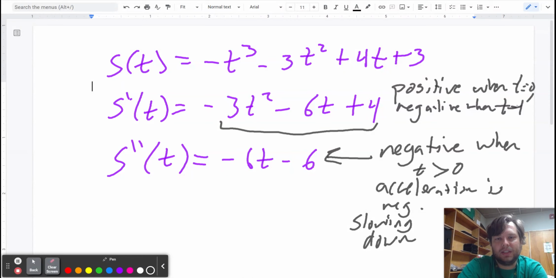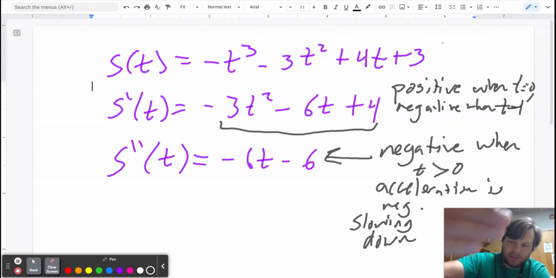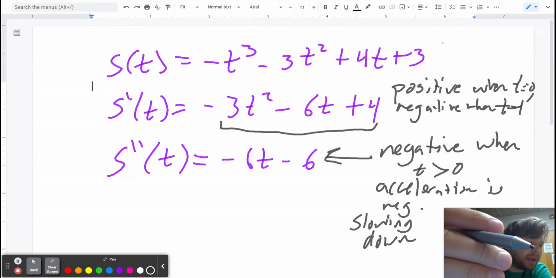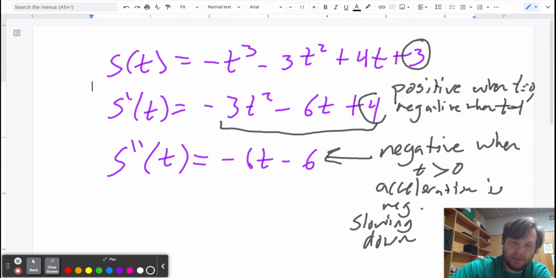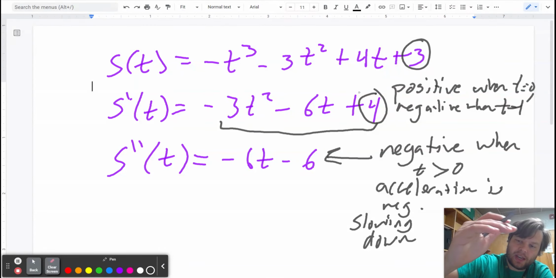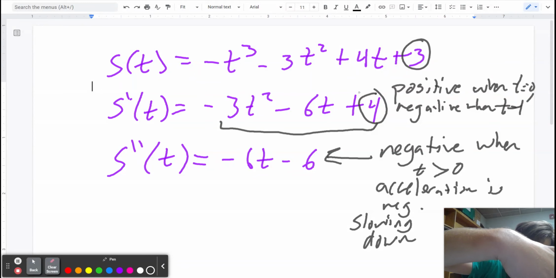And same idea here, that this begins positive and then eventually it becomes negative. So the particle starts out in front, 3 meters in front, I guess centimeters, 3 centimeters in front of the starting line because of the 3 right here, at a speed of 4 centimeters per second. It slows down and eventually moves backwards.